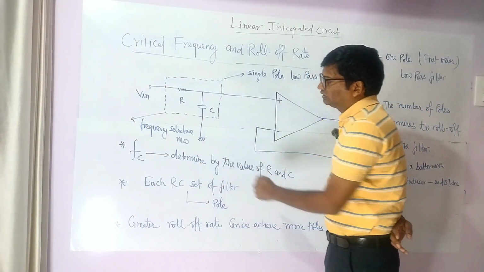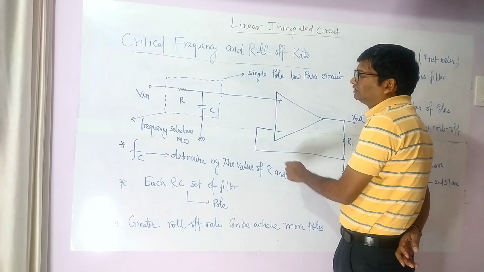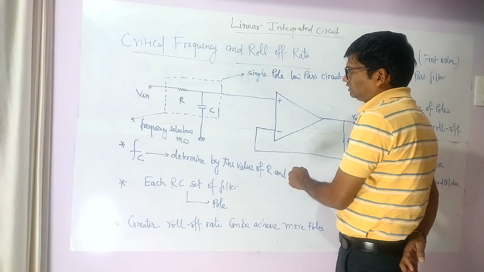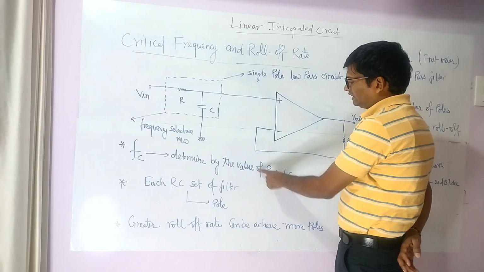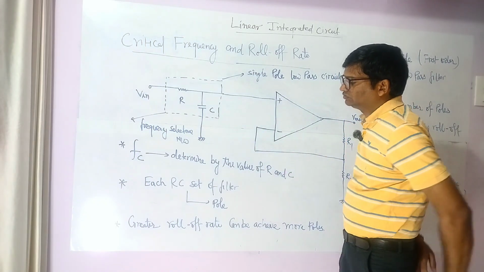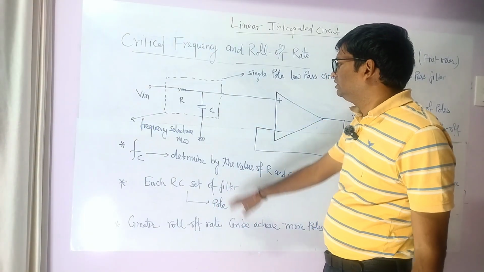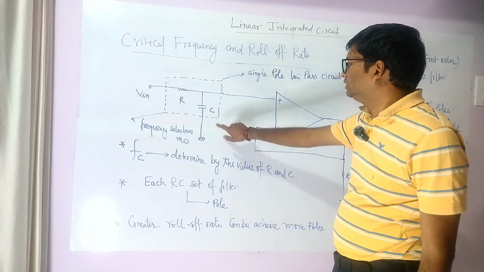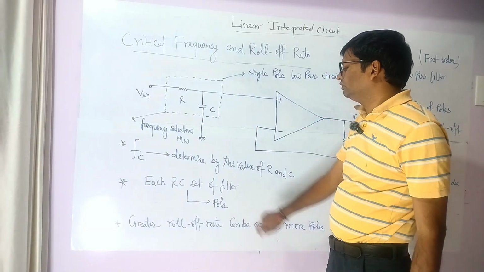FC is called the critical frequency, and its value is decided by the values of R and C. Each RC set of the filter decides the pole. This is a single RC circuit, which means a single pole.